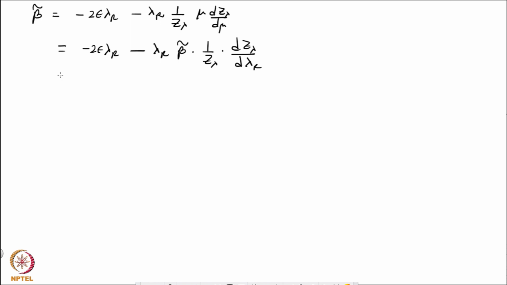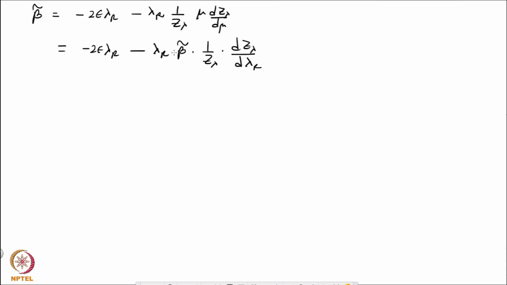Now if you look at this equation, there is mu dependence which is implicit here through lambda r, again implicit through lambda r. Then you have a beta tilde. Z lambda does not depend on mu explicitly. So the derivative with respect to lambda r also gives you a function that does not depend explicitly on mu. And this of course 1 over z lambda does not depend explicitly on mu.